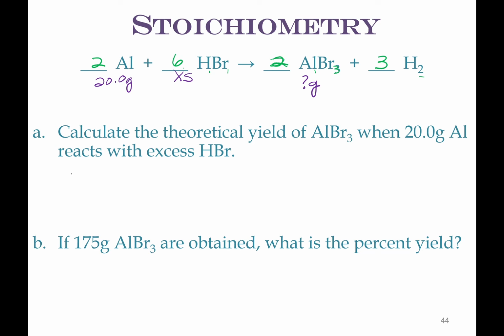So 20 grams of aluminum. All right, so the 20 grams of aluminum has a mass of 26.98 grams of aluminum per 1 mole of aluminum in the periodic table. Mole ratio says that 2 moles of aluminum are going to produce 2 moles of aluminum bromide.